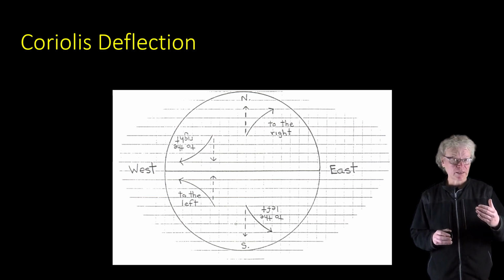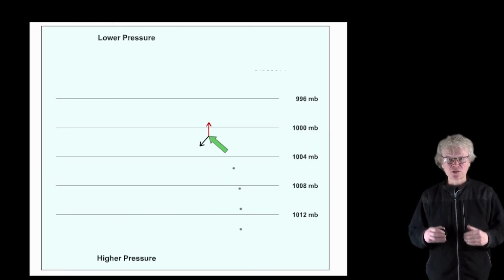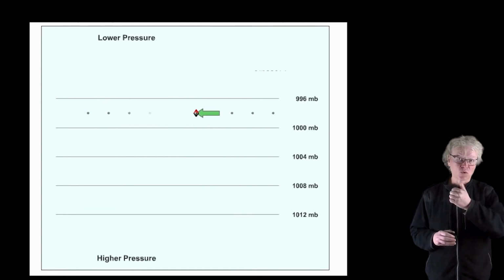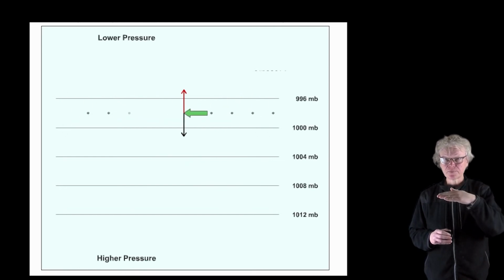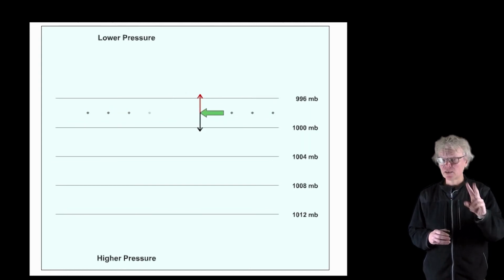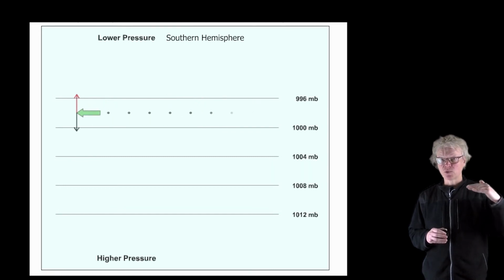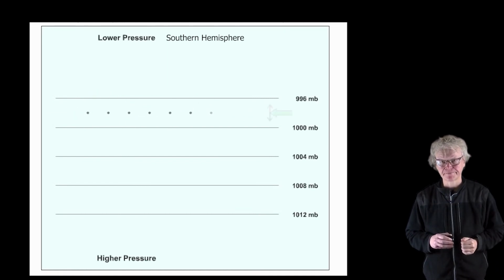Over a short period of time, as that air is moving, to somebody on the Earth's surface it will look as though the wind is moving directly east or directly west along those isobars. So you've got your pressure differences. If only the pressure gradient force and the Coriolis effect were in operation, then all winds would just move directly along those isobars in an easterly or westerly direction.